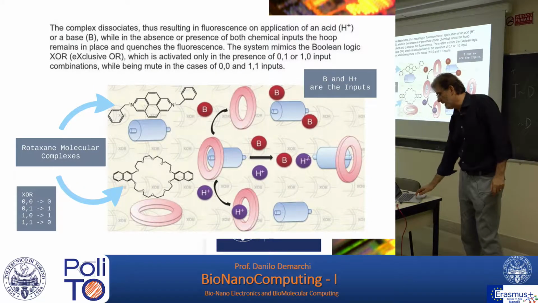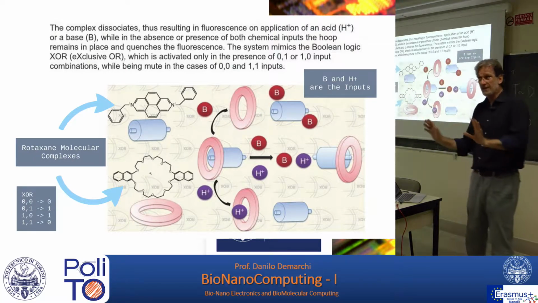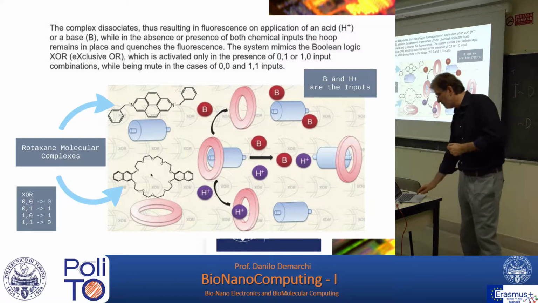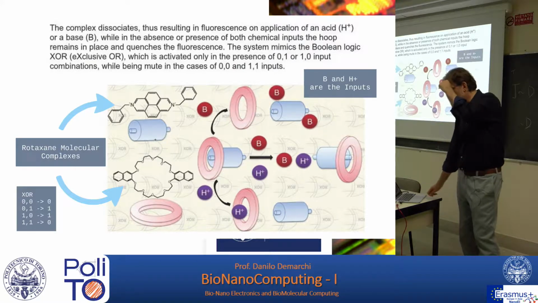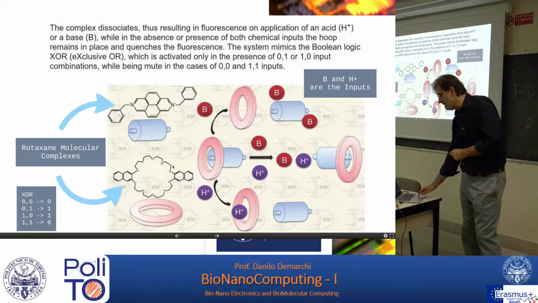I'm not a chemist, please don't ask me to go into details. We don't need to go into the details of the molecule, but what is interesting is that this is a sort of chain that in the plot is schematized with a sort of cylinder and a structure that is a sort of ring, okay?